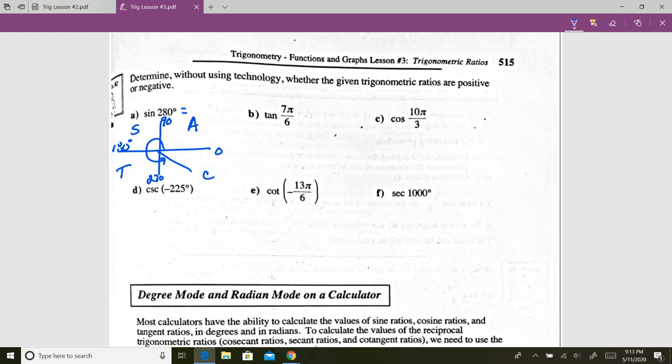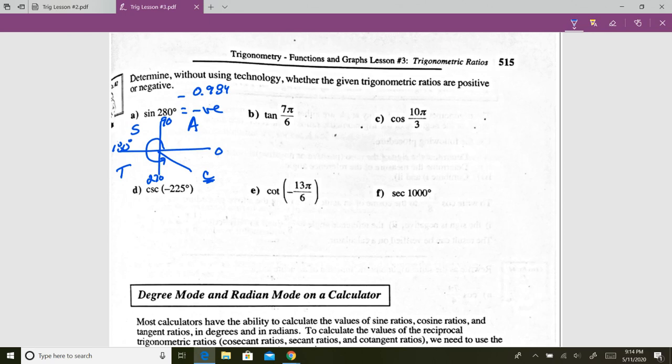I'm asking you, what ratio is positive? Cosine. So sine 280 has to be negative. And in fact, if you plug that into your calculator, sine 280, you would get negative 0.984 with a bunch of other numbers. Okay.